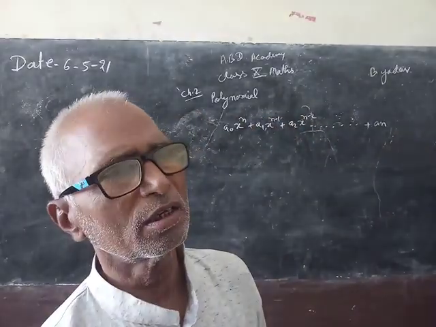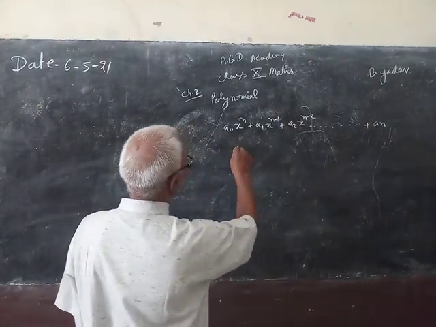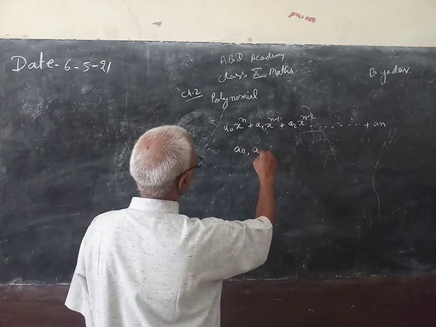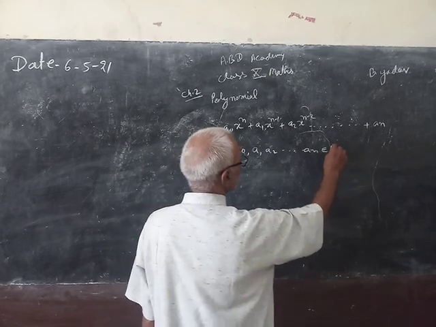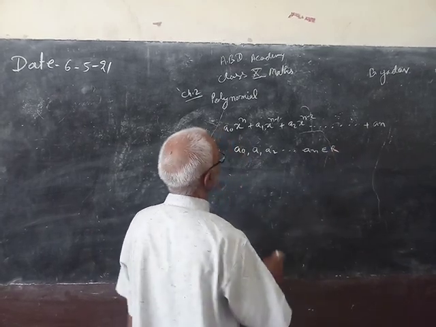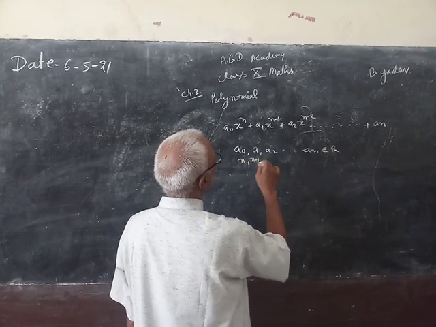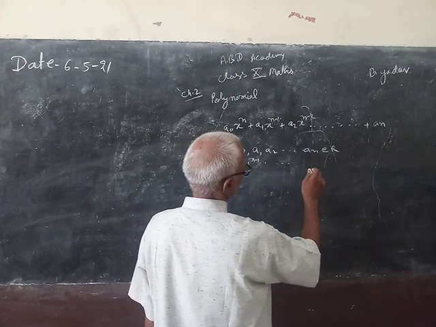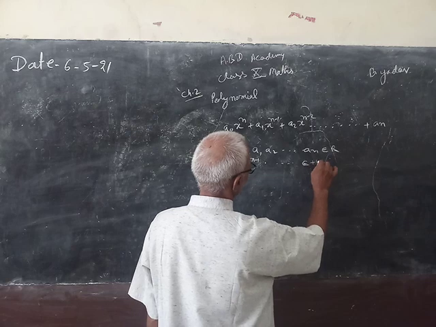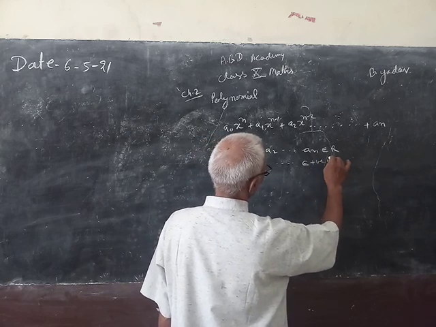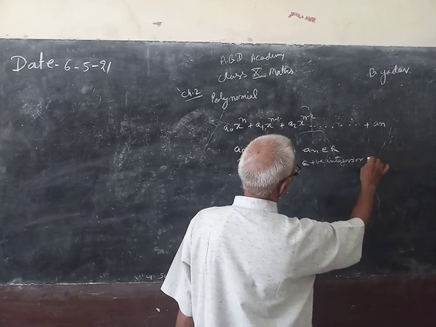The condition of polynomial here is that a0, a1, a2 up to an are elements of real numbers, but n, n minus 1, whatever may be, these are elements of positive integers or 0.